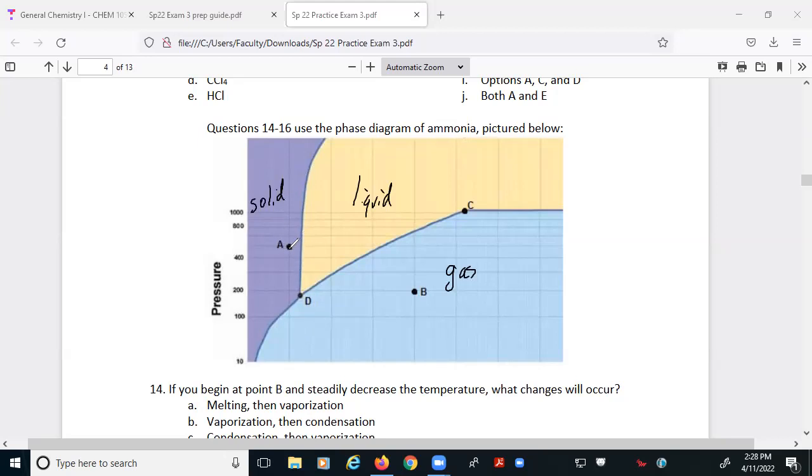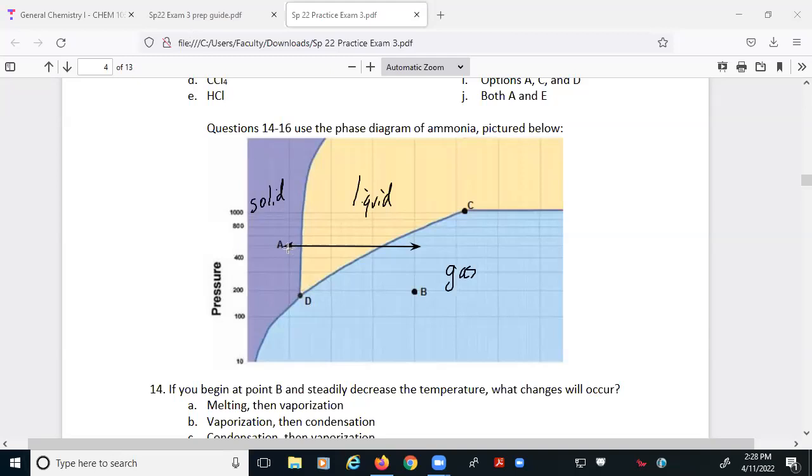If we are at point A here, we have a couple of options. One option would be to simply increase the temperature. And yes, it would go through the liquid phase first, but it would eventually all become gas. So that's one option.